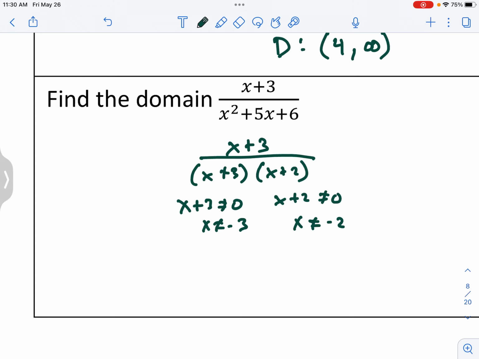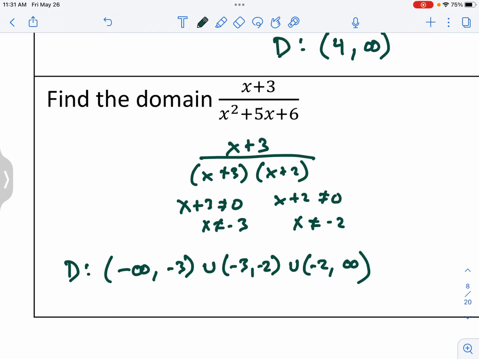So in this case, everything works for the domain except for negative 3 and negative 2. If we write it out with interval notation, we start at negative infinity up to negative 3, parentheses. We pick it up at negative 3 and go only up to negative 2. Then we pick it back up at negative 2 and go to positive infinity.